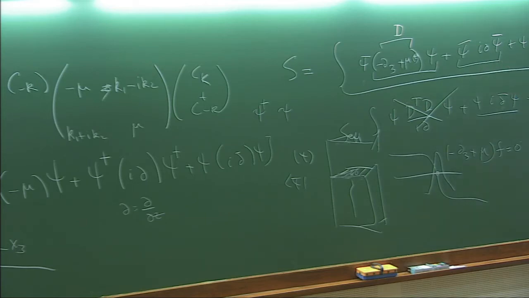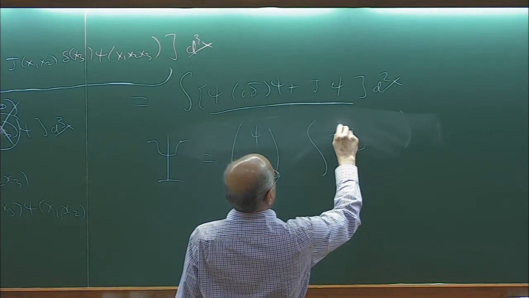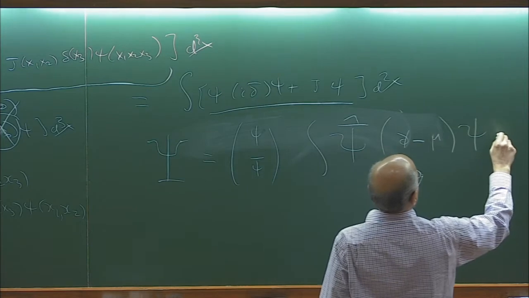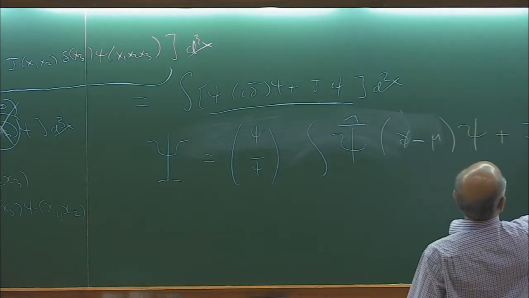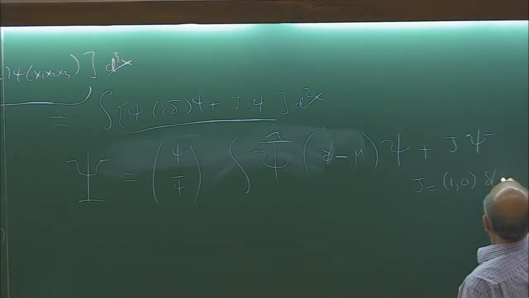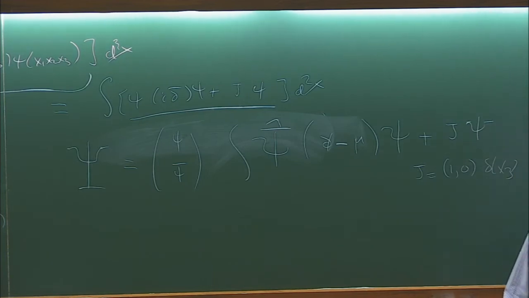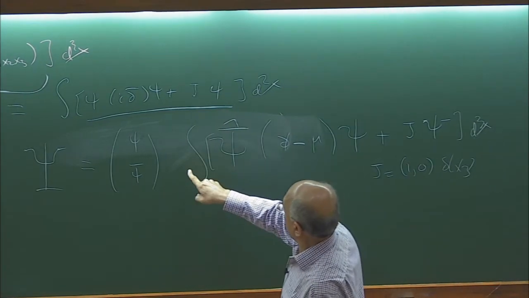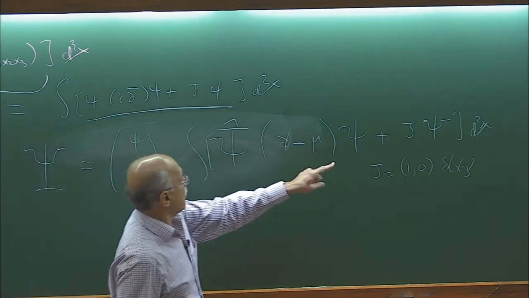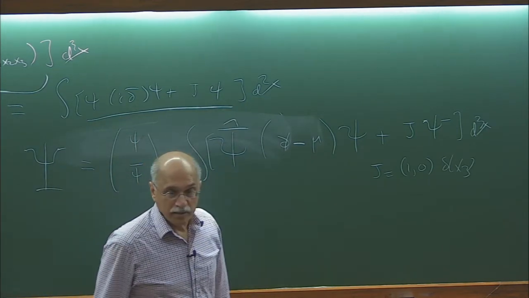Then you can write it as this big psi bar times d slash minus mu big psi plus j times big psi, where j will contain only the upper component times delta function of x3 times d3x. So in case you're wondering where we are going, going back a few steps to this form of the action and forming psi bar as a two-component spinor, the big super psi, and writing it in that form, you can turn it into what looks like a Dirac theory.